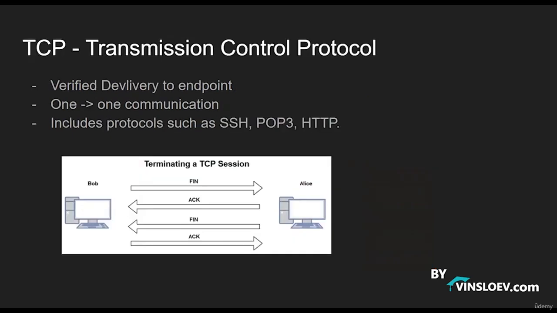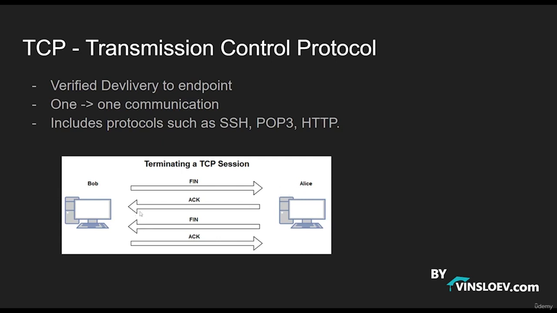The first one, TCP, is Transmission Control Protocol. This is one of the protocols. There is also UDP, which we're going to discuss later. But TCP is a verified delivery to endpoint protocol, meaning that, as we see on the picture right here, when two devices are communicating, here Bob using his computer and Alice using her computer, Bob first sends a request or some kind of package to Alice, then Alice acknowledges this.